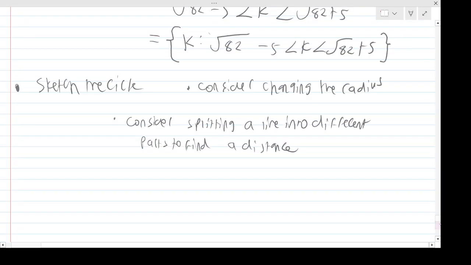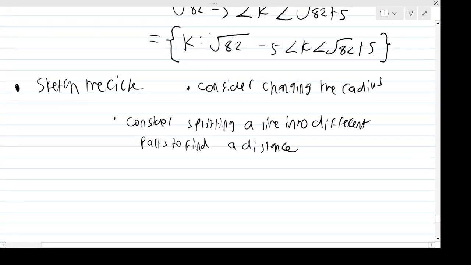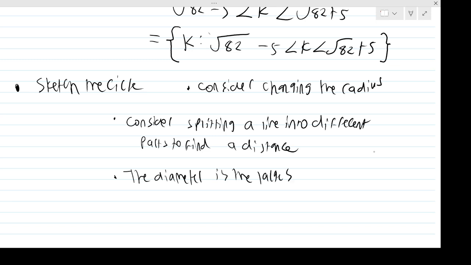So you might even need to perhaps use again the idea that the diameter is the largest chord, or I guess not line, in a circle. So again, go back to what I briefly described earlier.